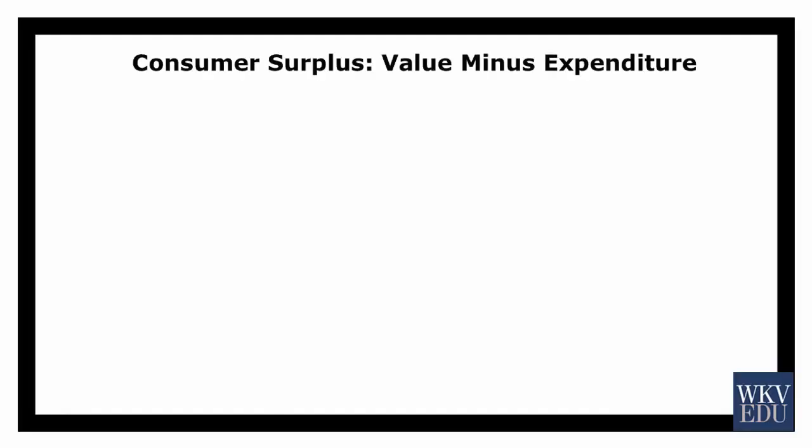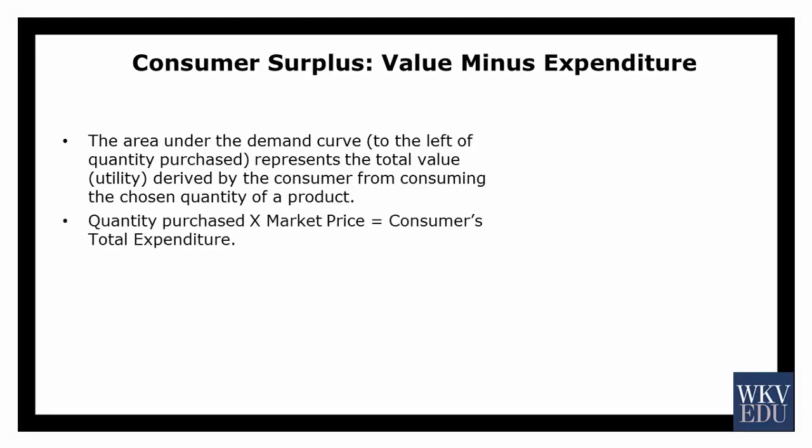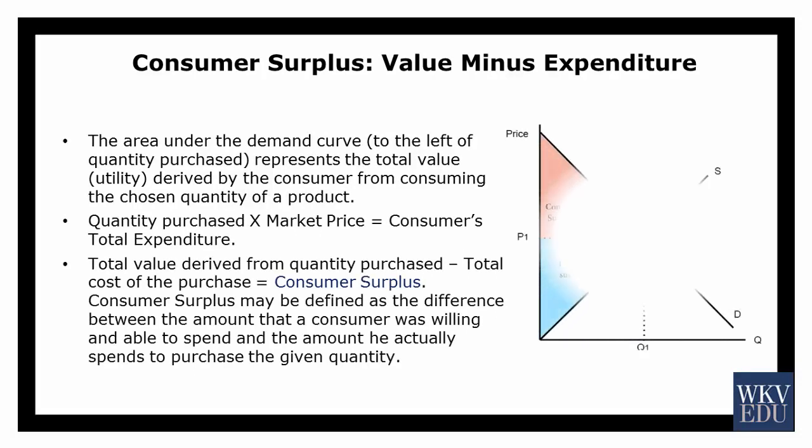We now understand what consumer surplus means. In the diagram below, the area under the demand curve to the left expresses total utility derived by the consumer after consumption of his choice of product. The quantity purchased into the market price expresses the consumer's total expenditure.